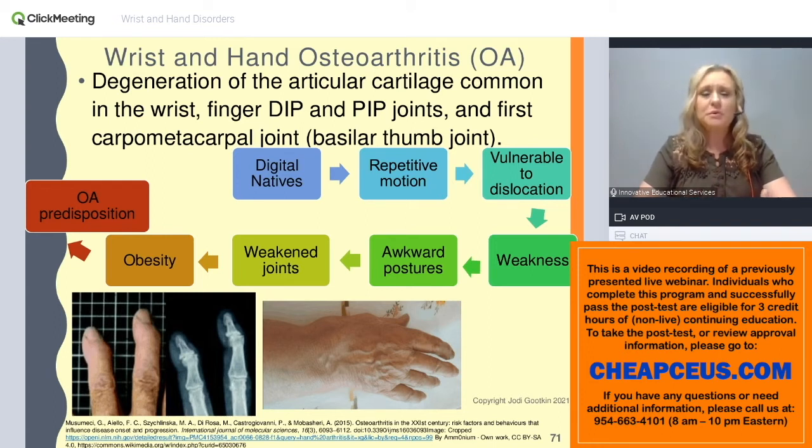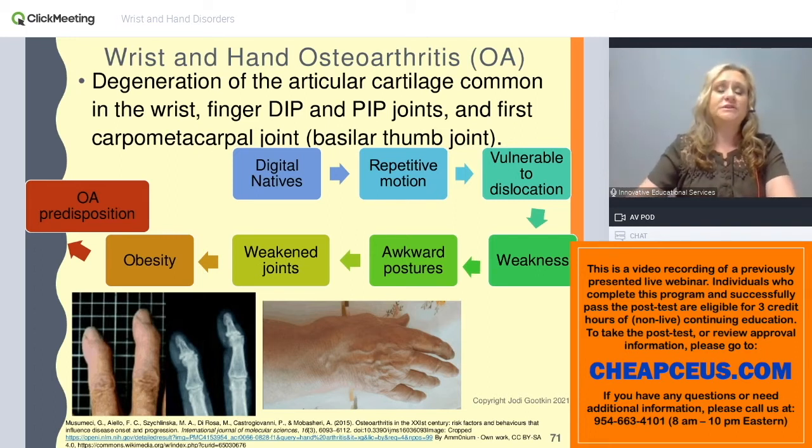What they proposed got me thinking of our opportunities if you're working with pediatric obesity or young adults even, if you're just doing general community outreach and education, and then when you have younger individuals coming in with wrist and hand pathology, to consider that it could be osteoarthritis starting to develop.